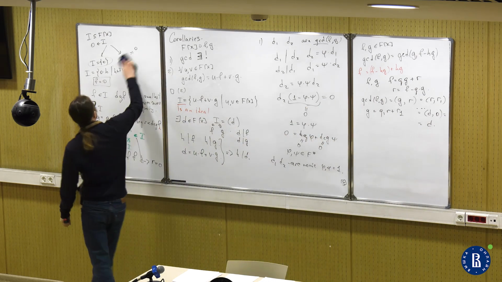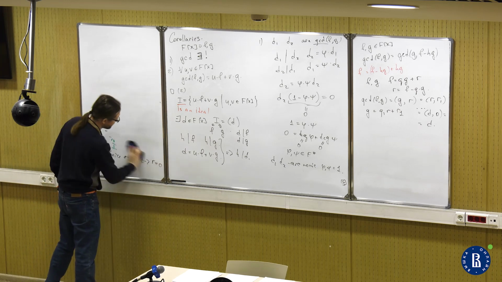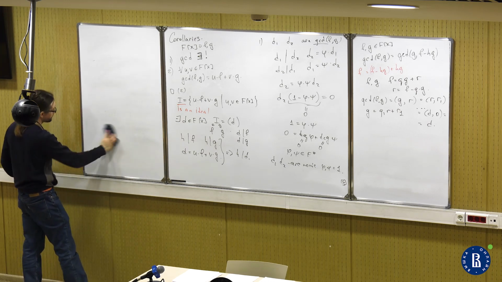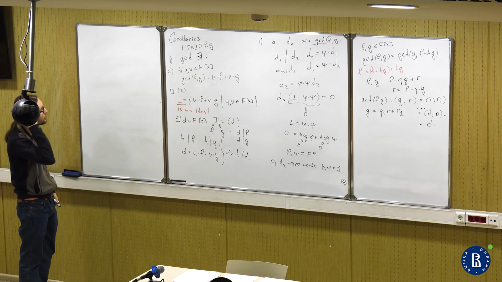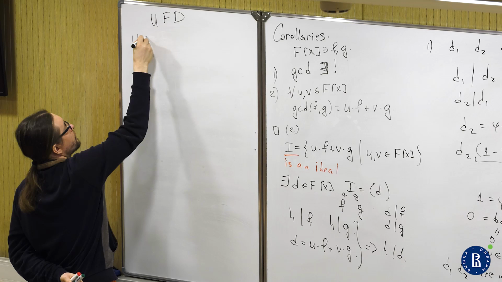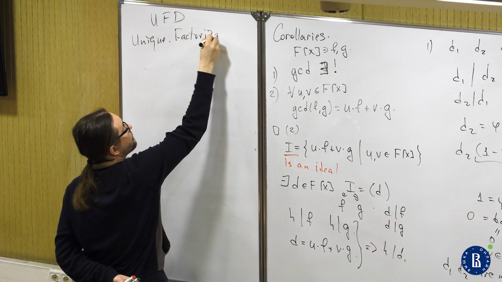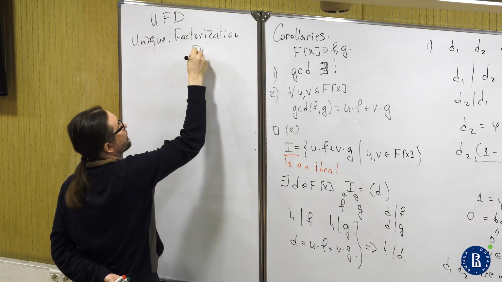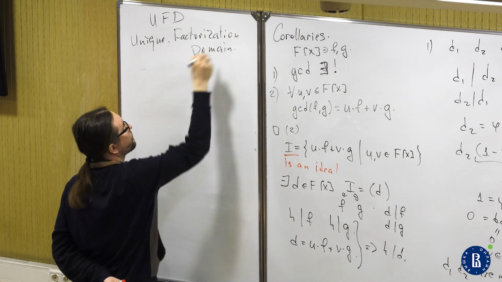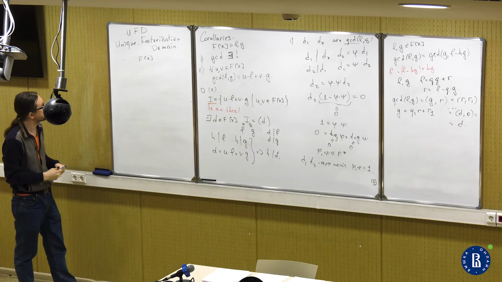Now, unique factorization domain, UFD. F of x. Let me explain what it means.